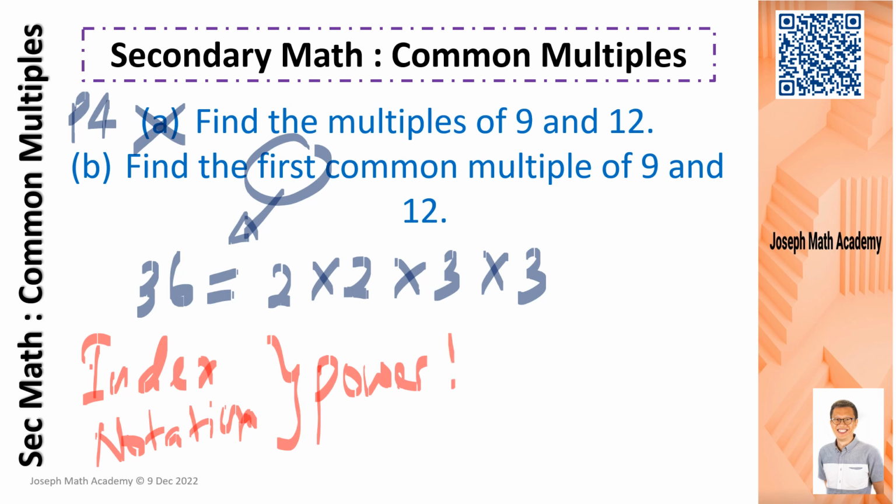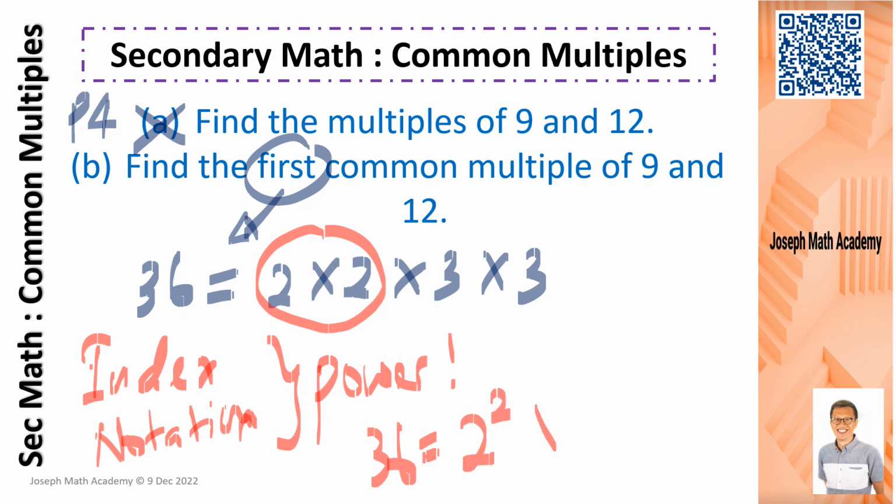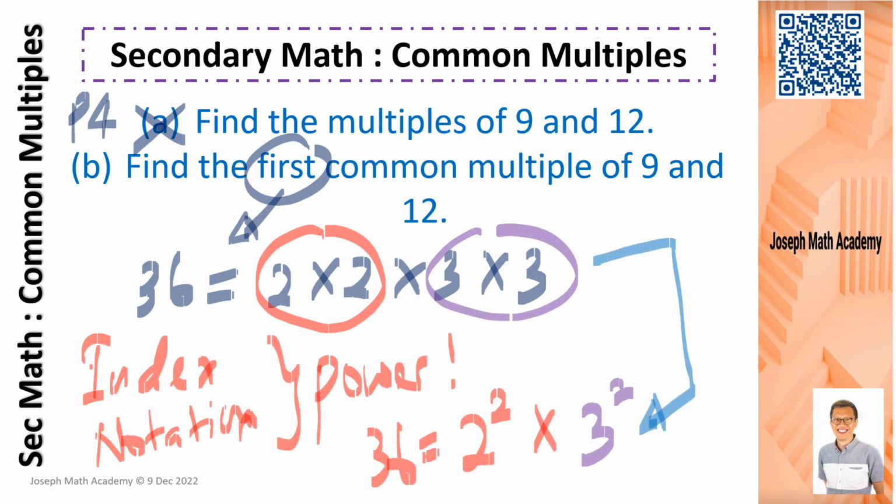So 2 times 2, the 2 appears twice. 2 appearing twice means 2 is to the power of 2. Then this 3 appears twice, so it's 3 to the power of 2. So this expression can be written in this way using index notation.